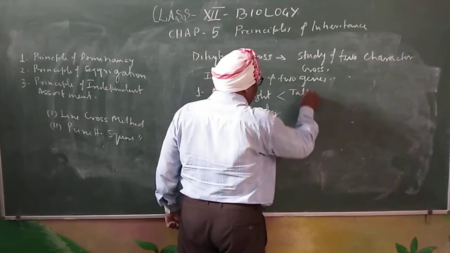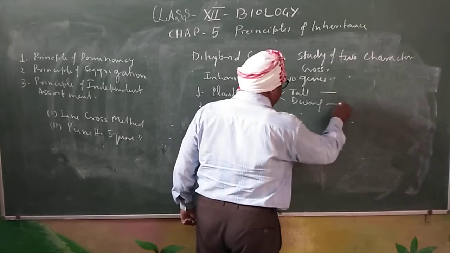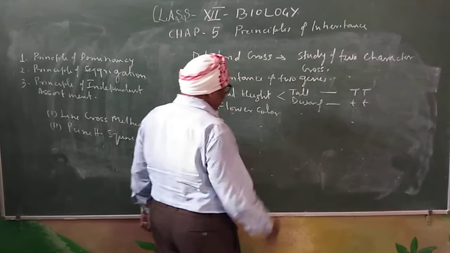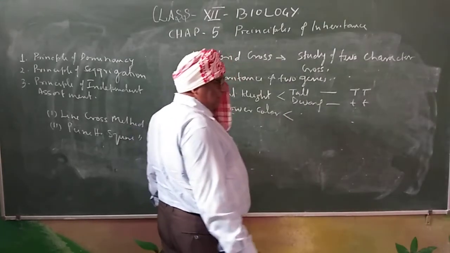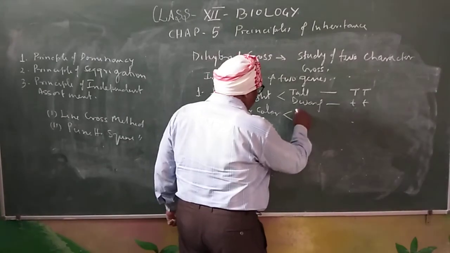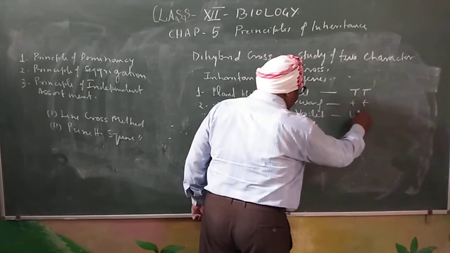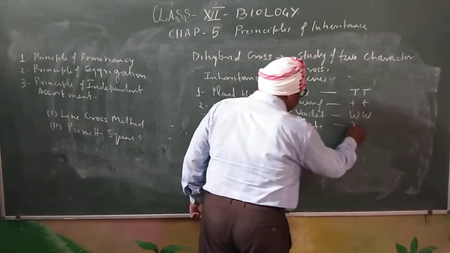They are tall height or dwarf height, which can be represented in capital T or small t like that. Similarly, the color of flower in pea plant, there are two colors, violet means capital W, and white means small w.